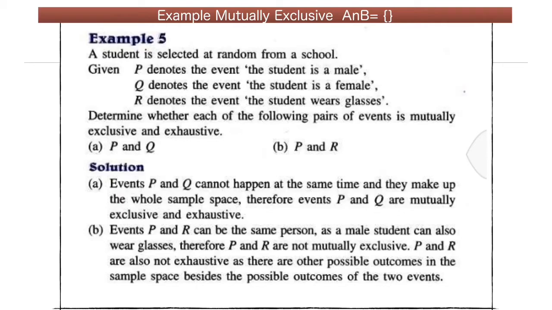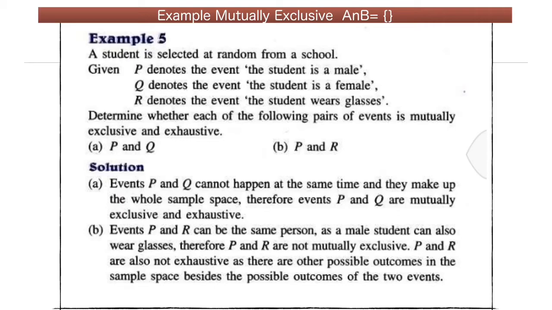Exhaustive means that it belongs to the whole sample space. That means the number of students must be equal to the number in the sample space. Let's say your P and Q union, you consider all the elements, is equal to your universal set, the sample space. So that is called exhaustive.